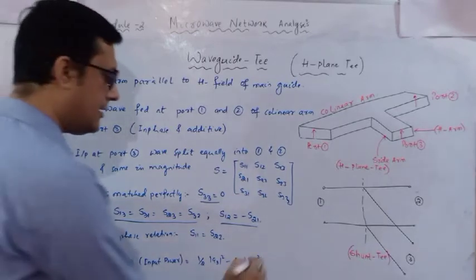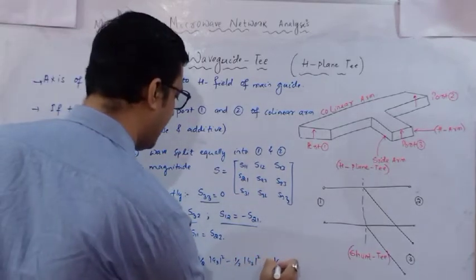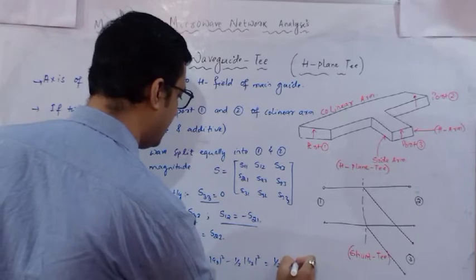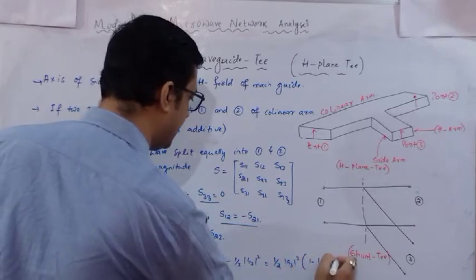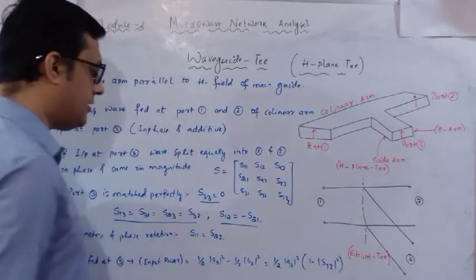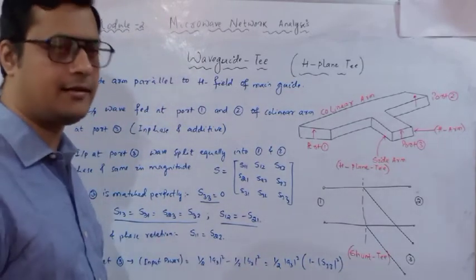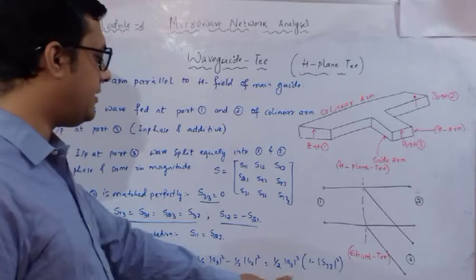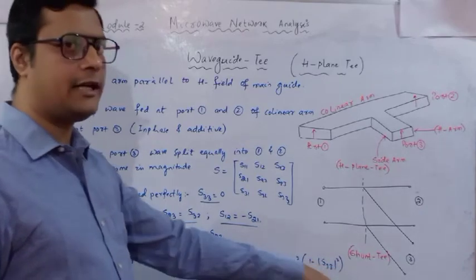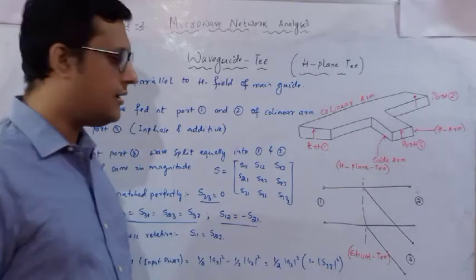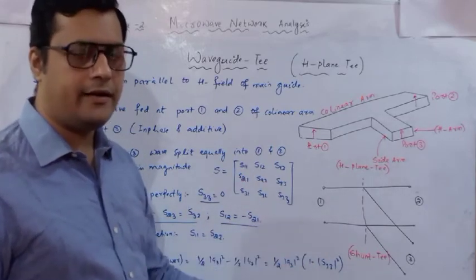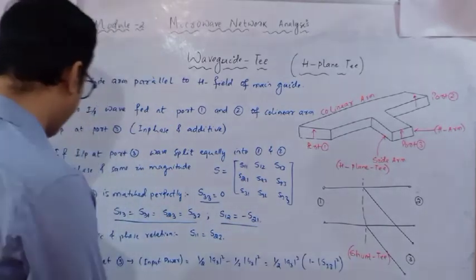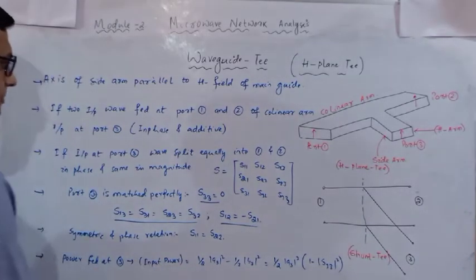Taking half mod A3 square common, it is 1 minus mod S33 square, because B3 by A3 is the reflection coefficient. So it is half A3 square into 1 minus mod S33 whole square. Now I will not substitute the 0 value. Now I have to identify the output power.